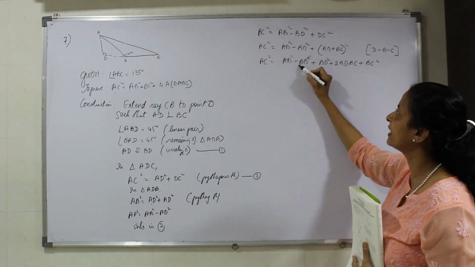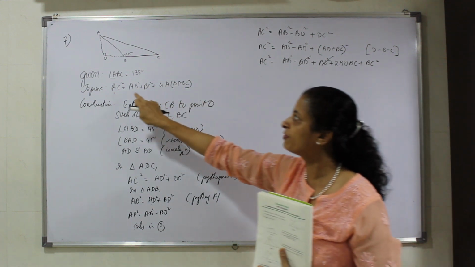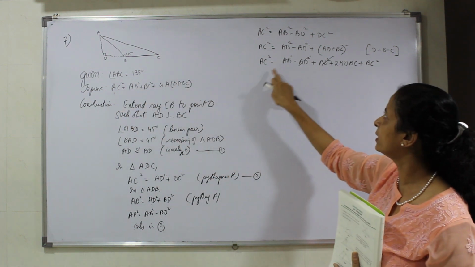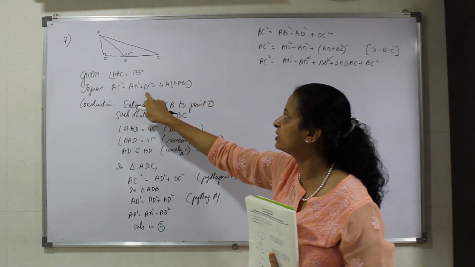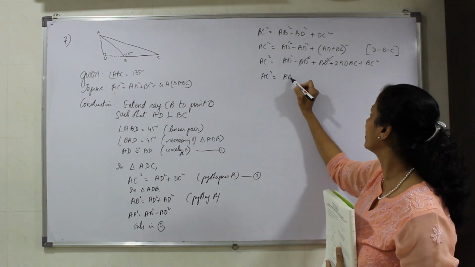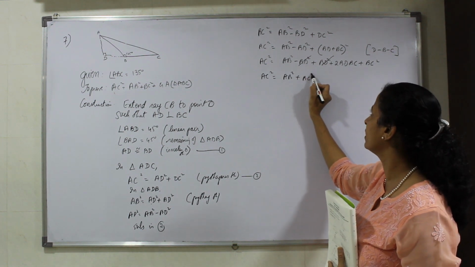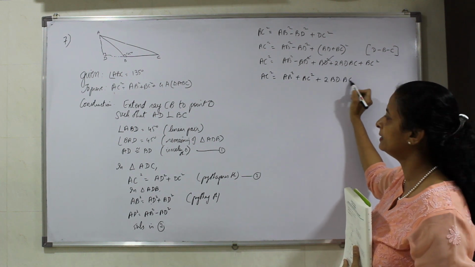Here we notice a negative BD square and a positive BD square, and so having an eye always on the final answer, you have an AC square, you have an AB square, and BC square I can get in front so it matches here. And so rearranging it looks like AB square plus BC square plus 2 times BD into BC.